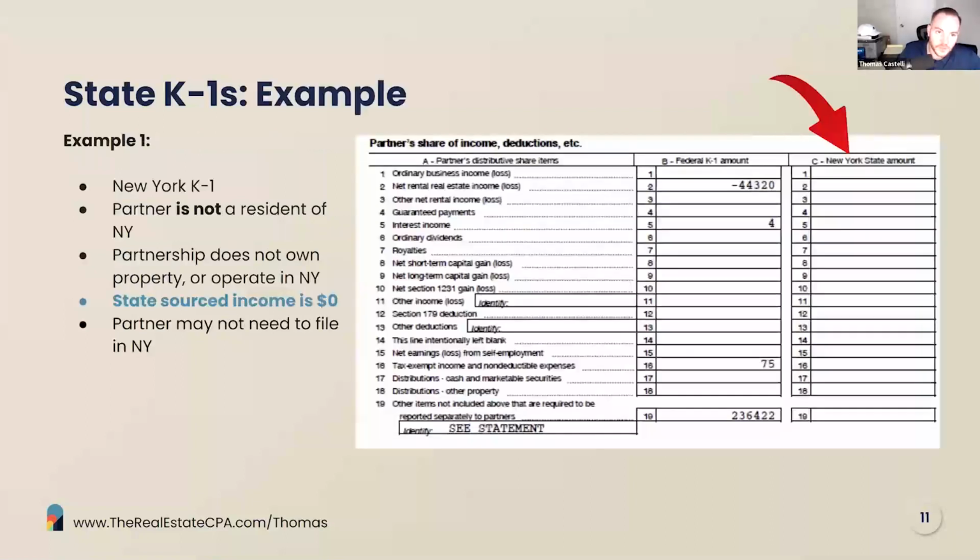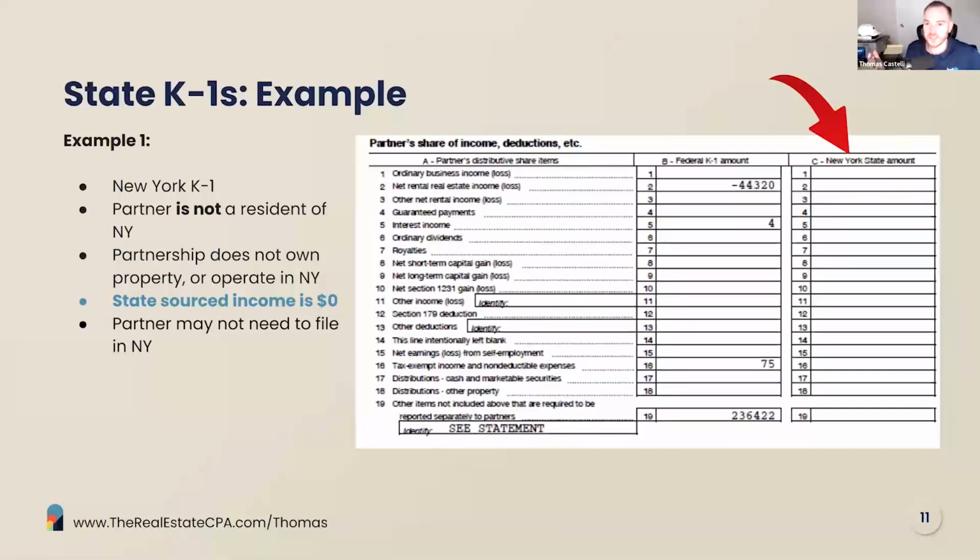So here's a quick example of one. This is a New York K1. If you're not a resident of New York and the partnership does not own property or operate in New York, you typically do not need to file the K1 in New York, right? You might receive the New York State K1 because the partnership had to file for other people in New York.